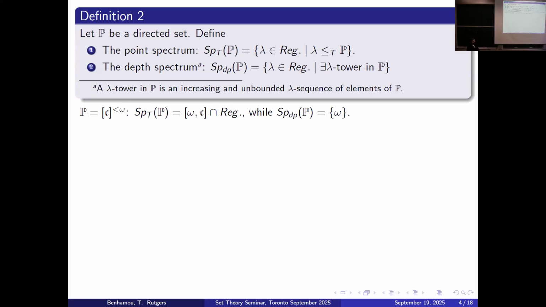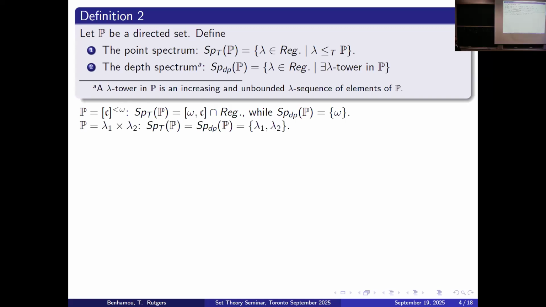So you get every regular cardinal in the interval between omega and C in the spectrum, but the depth spectrum is just omega. If you have any increasing chain of sets, then you get stuck after omega many steps.